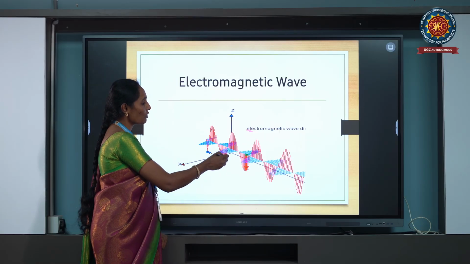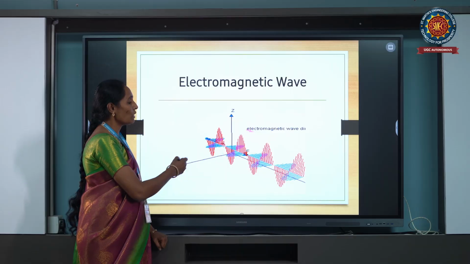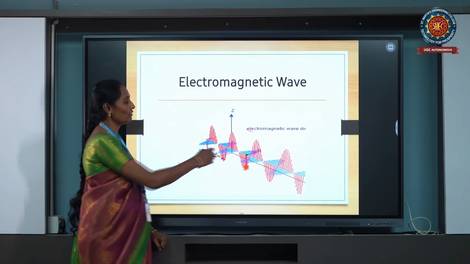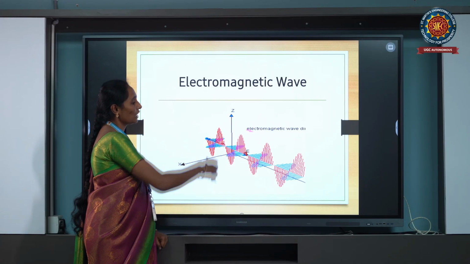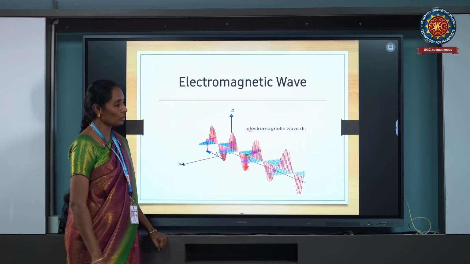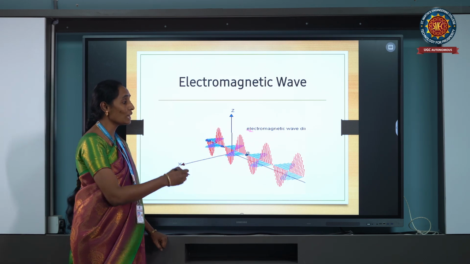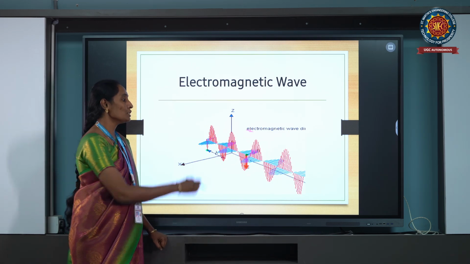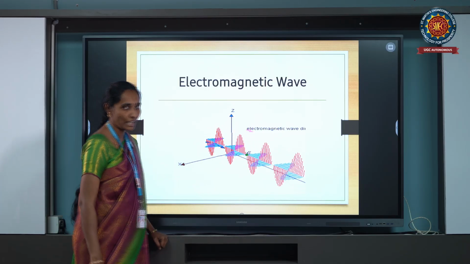One coordinate direction is the wave propagation direction, one direction is for the electrical field, and one direction is for the magnetic field. According to the property of an electromagnetic wave, the electrical field and magnetic field are always perpendicular to each other. These two field components are perpendicular to the wave propagation direction.